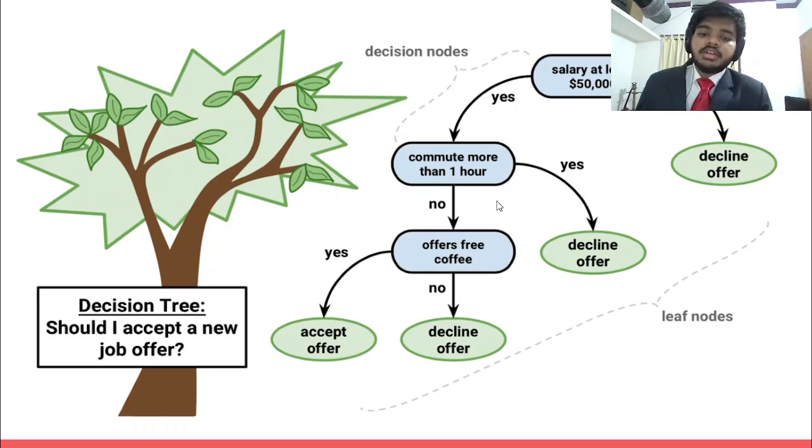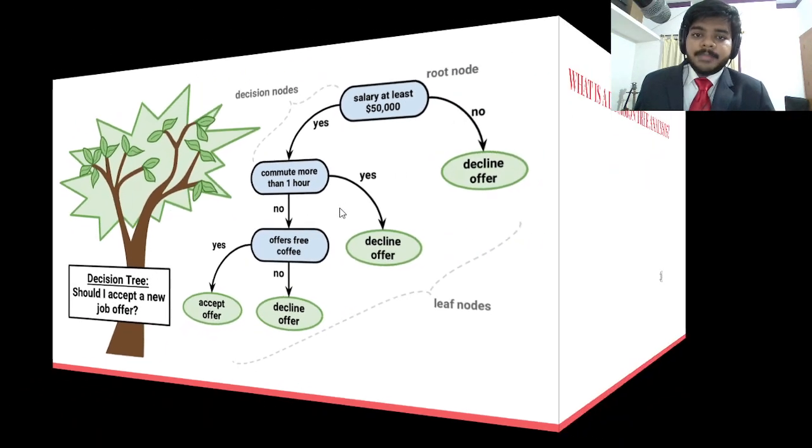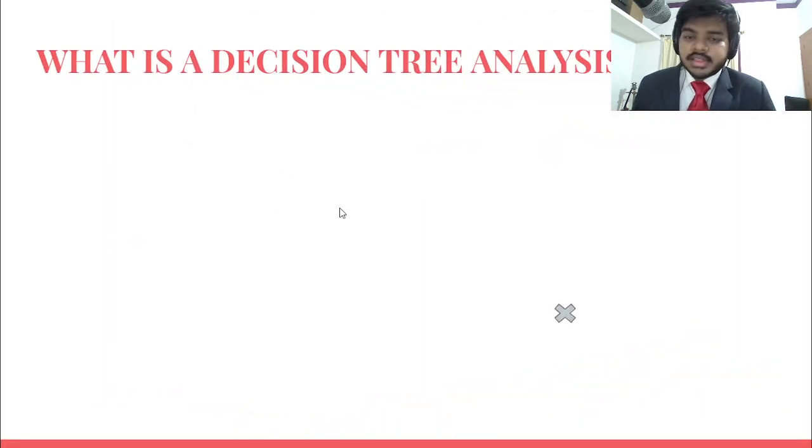But to understand which is better, either accepting the offer or declining the offer, we need to analyze what's happening, and there comes decision tree analysis.